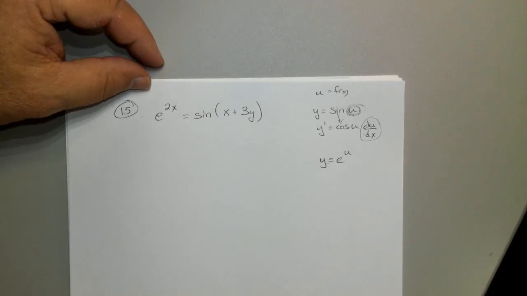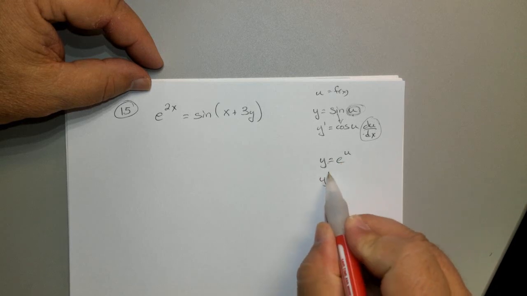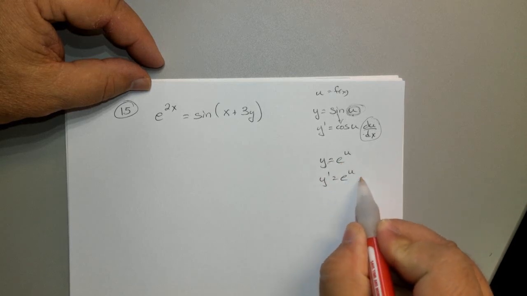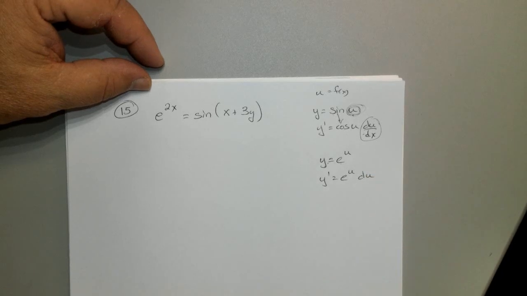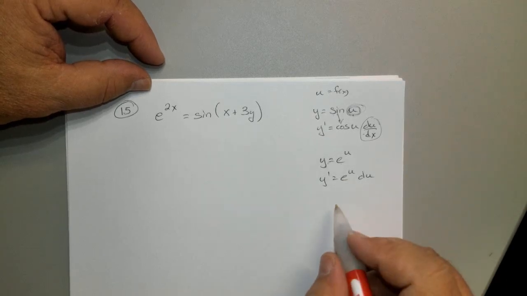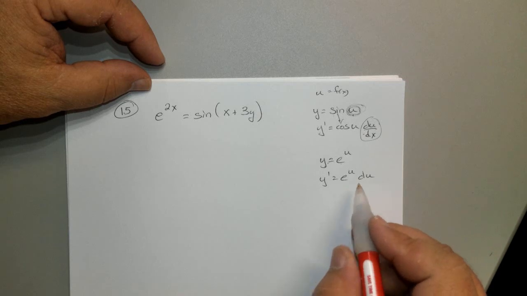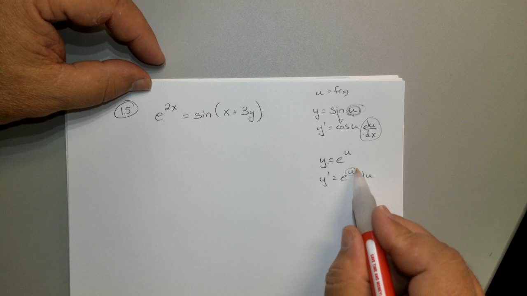Here's another rule. If the equation equals e^u, the derivative is e^u du. What does that mean? That means the derivative of e is simply e itself. But if there's an equation up here, it's e to that equation.